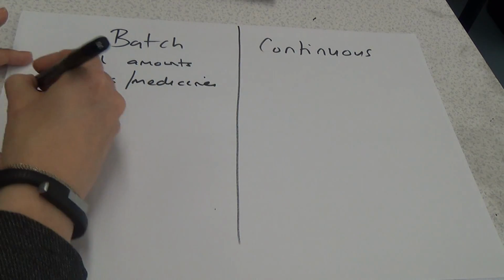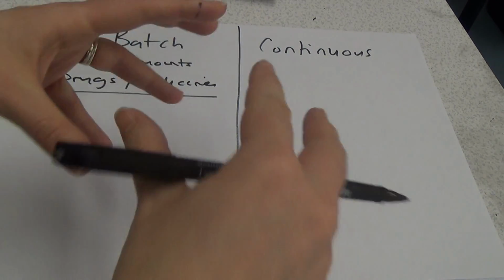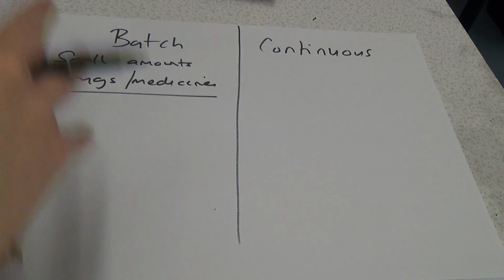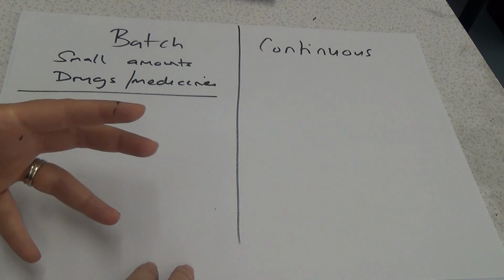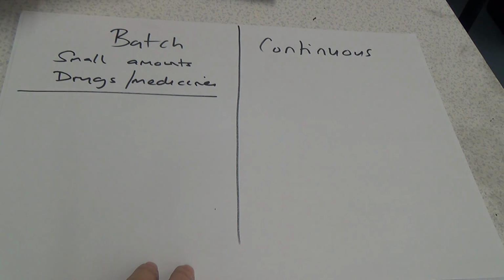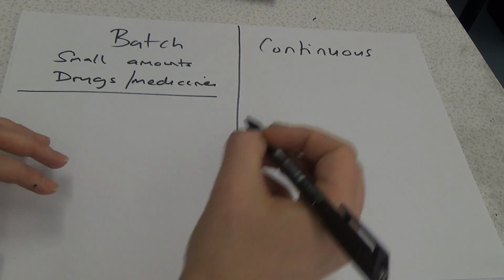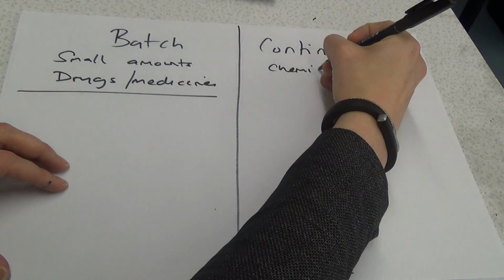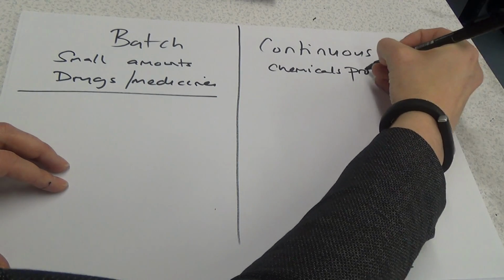So you produce a little bit and then a little bit more later, and you produce a different chemical in between. When it comes to continuous, you're generally talking about key chemicals, things like ammonia production, for example. So you're looking at chemical production.